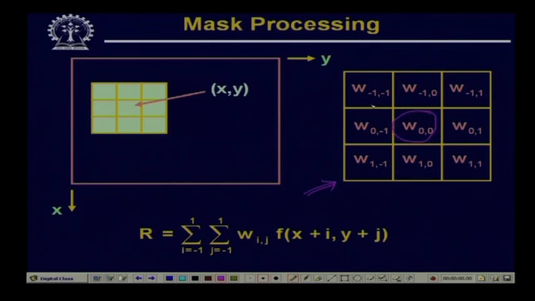Now, in this mask processing operation, what is done is, you shift this mask over the entire image to calculate some weighted sum of pixels at a particular location.